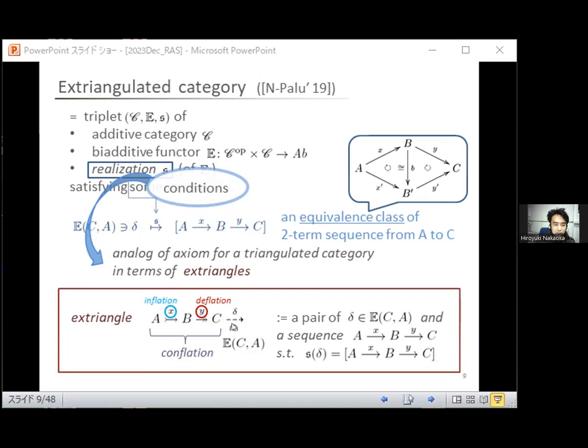So an extriangle is a pair of an extension and a conflation. We also call the object C here the cone of x. It is determined up to isomorphism from x. And dually, the object A here is called the cocone of y.